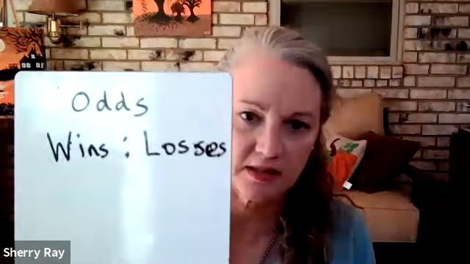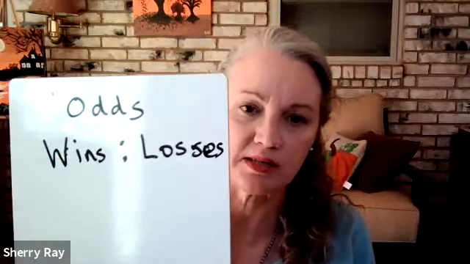So in a nutshell, when you're looking at probabilities versus odds, odds compare wins to losses quite often, and we usually see a semicolon, or losses to wins.